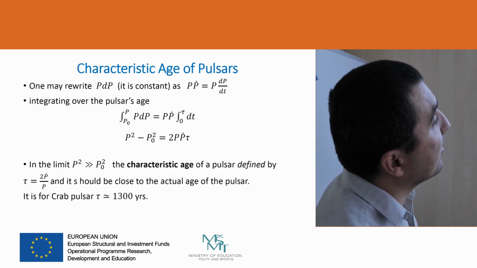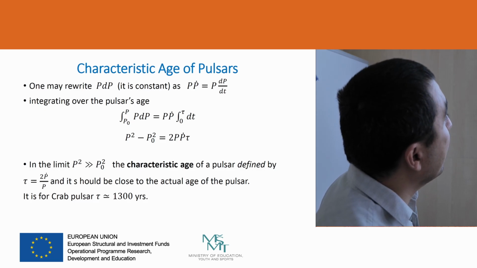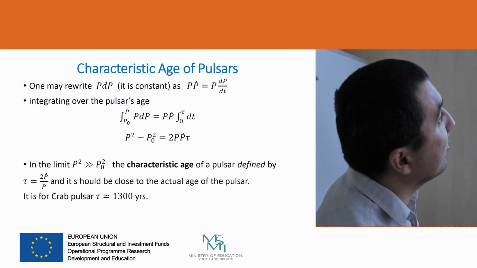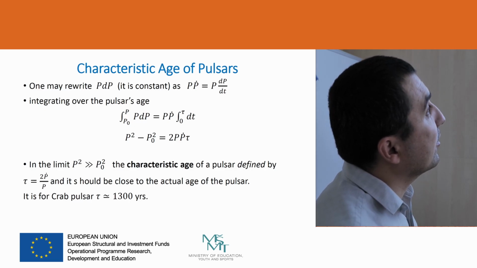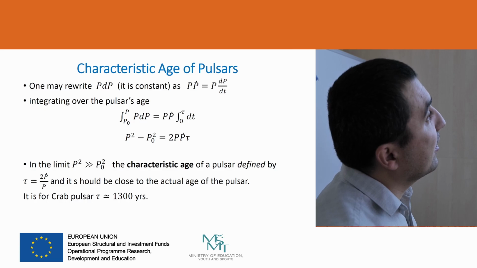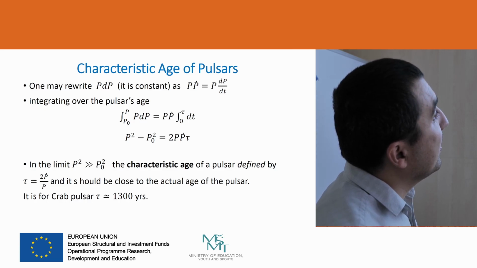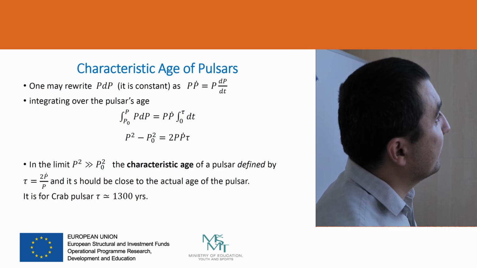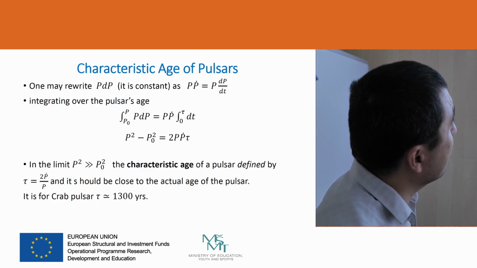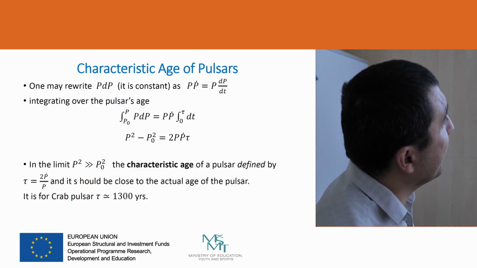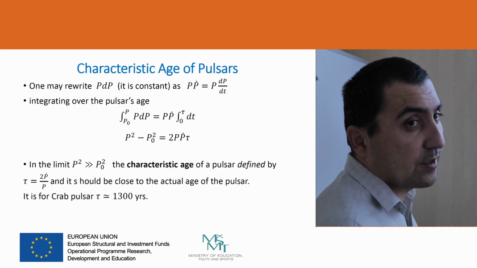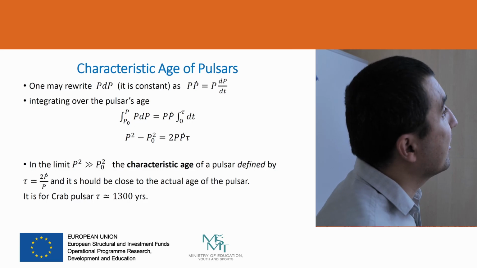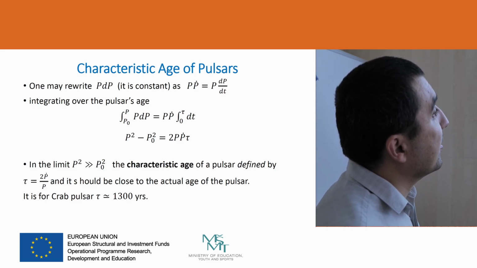Here I show the simple calculation of the characteristic age T. For pulsars, P times Pdot is constant, and we can integrate from P0 up to P, where P is much higher than P0. The pulsar slows down, its period becomes larger and larger, and P squared becomes much higher than P0 squared.